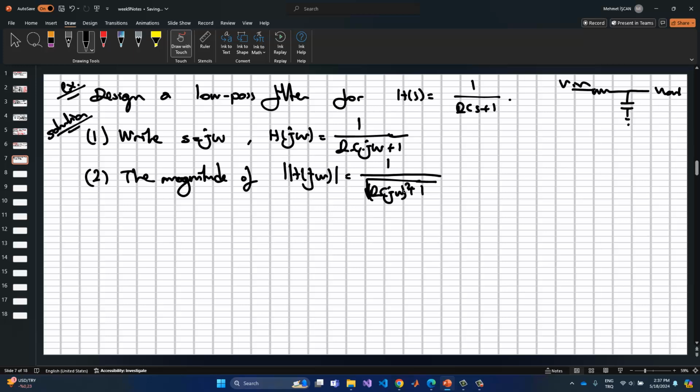How can we do that? We need to multiply with the complex conjugate formulation in here, and so we have minus RCJW plus 1, and then minus RCJW, right?